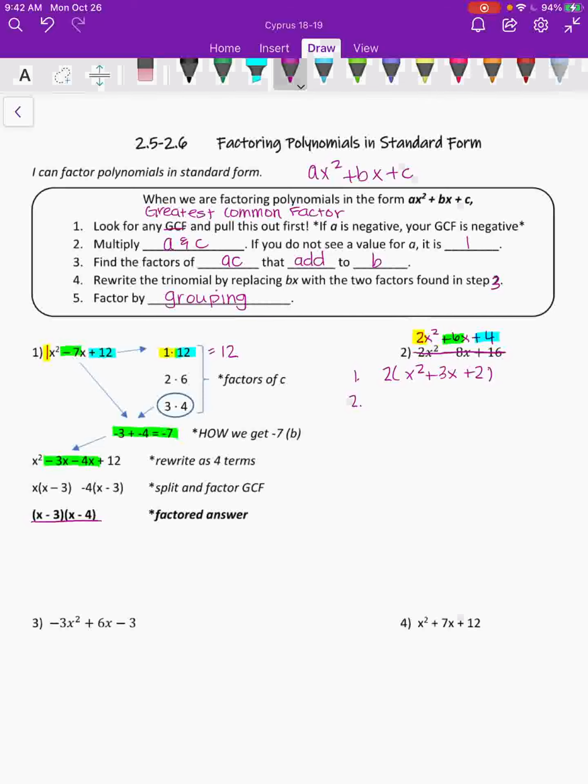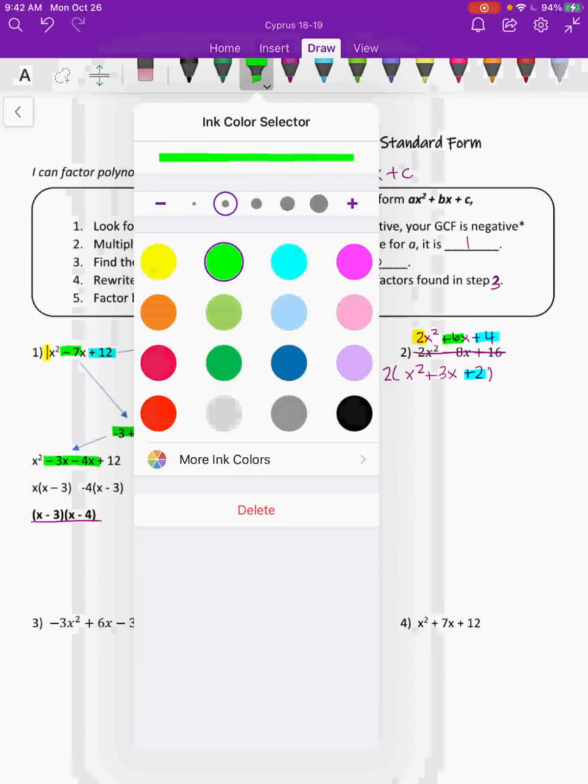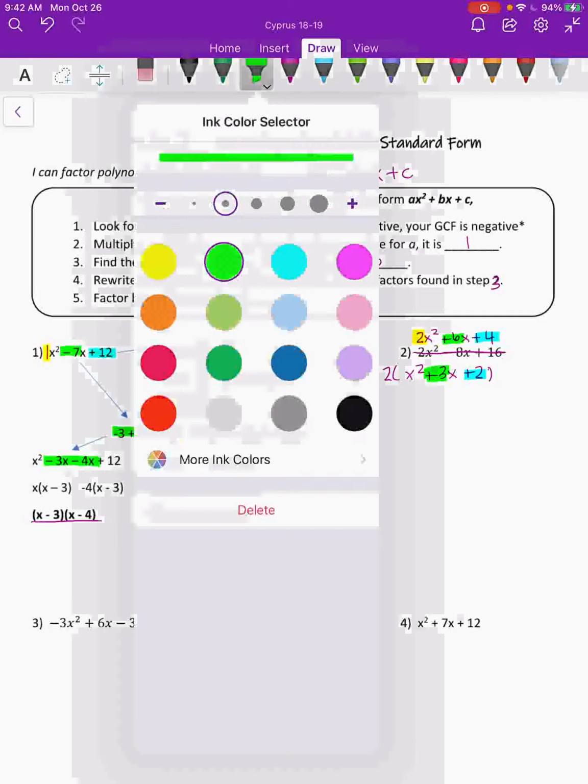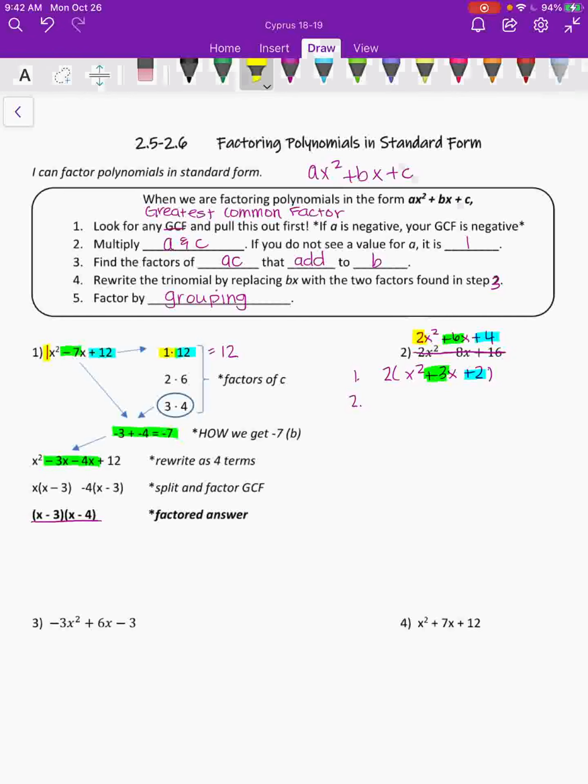Step 2. We want to multiply A and C. So we're multiplying not the A and C from the original problem. I'm going to get my highlighter out here again. We're multiplying A and C from our parentheses. We're going to put that 2 out front to the side for a second. I'm not going to worry about it until the very end.